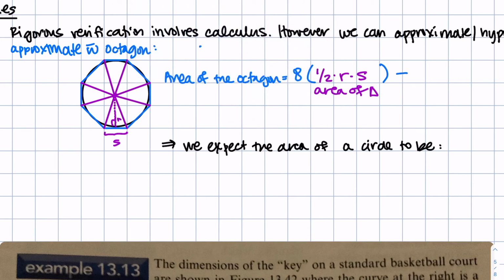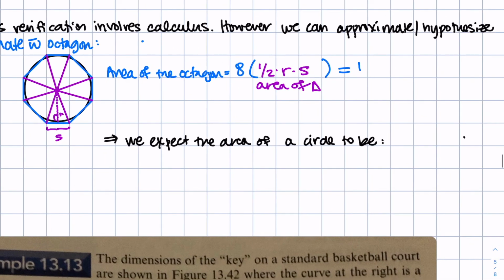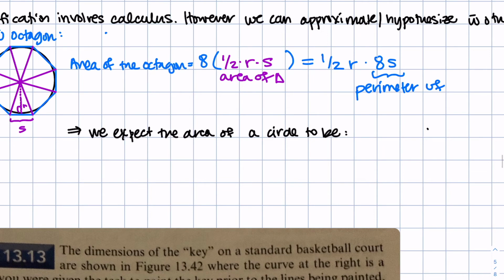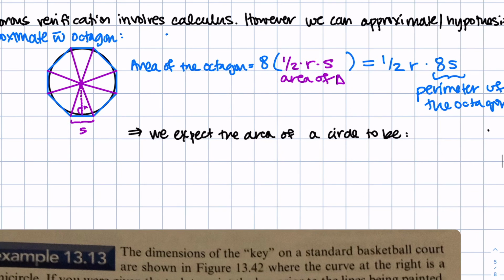And just rewriting this for all eight triangles, that's 1/2 r times 8s. And the thing to notice here is that this 8s is going to be the perimeter of the octagon, right? Because each of the side lengths was length s here. So if I just add them all up, that gives me the perimeter of the octagon.